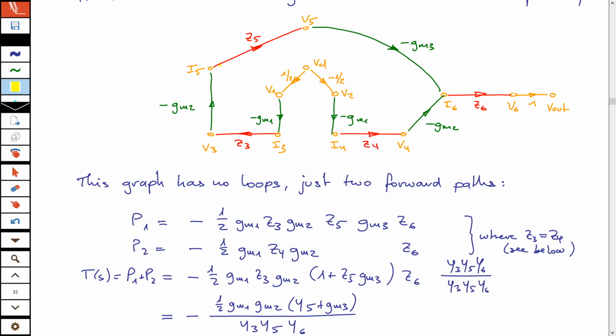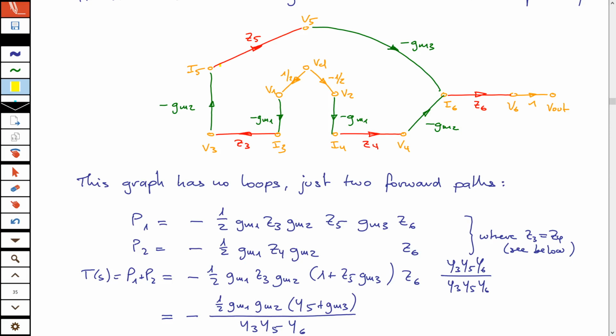And now I say I do one path to the output, and here I just have half of the signal going, and in the other path to the output I also have half of the signal going, but this half of the signal is now multiplied with a low pass filter.